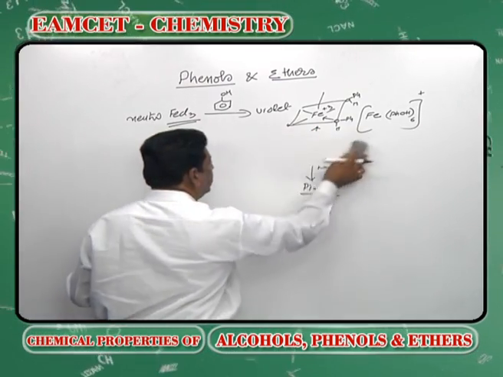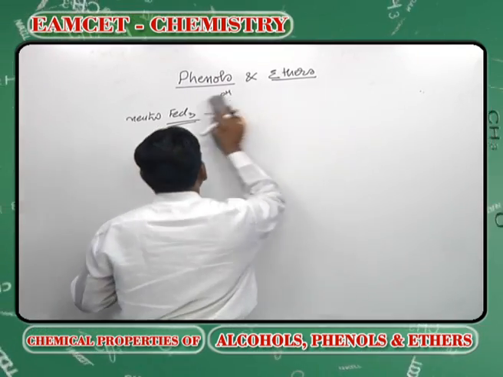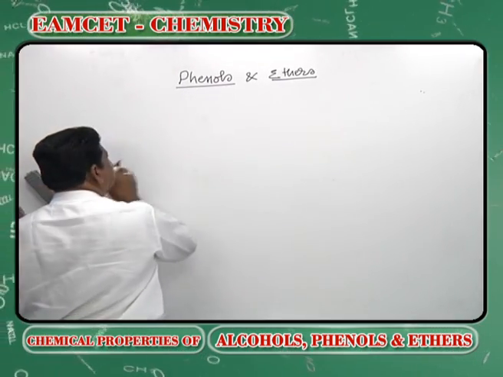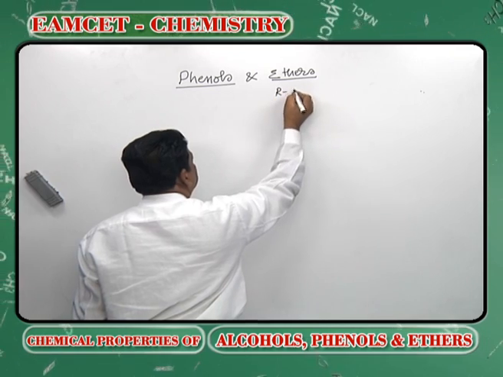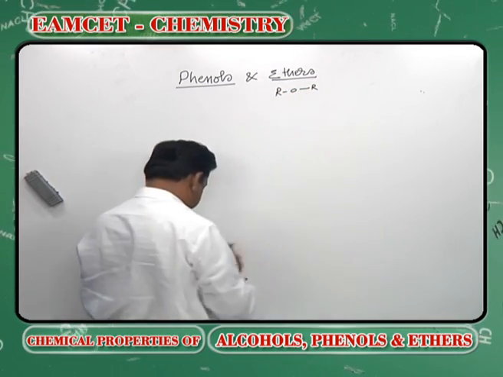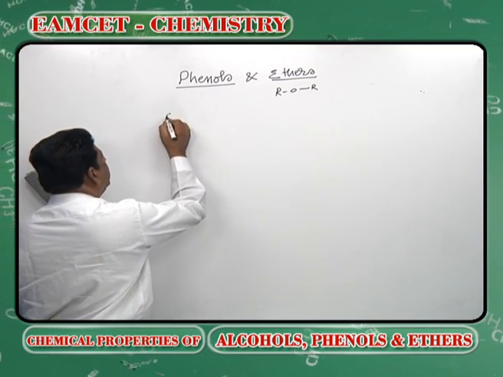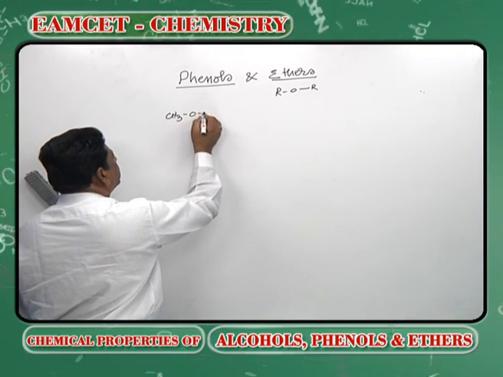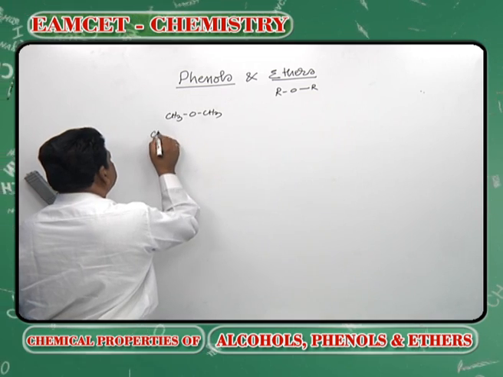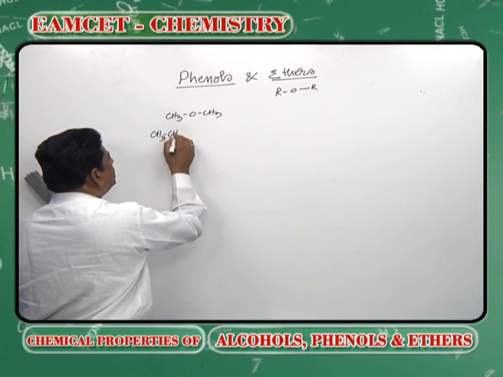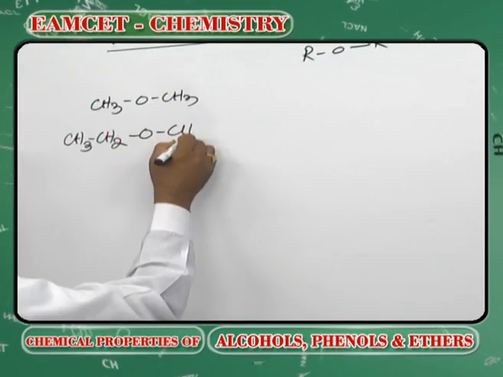Now let us go for some properties of the ethers. As I said, ether has the formula ROR. Examples are CH3OCH3 and similarly CH3CH2OCH2CH3.